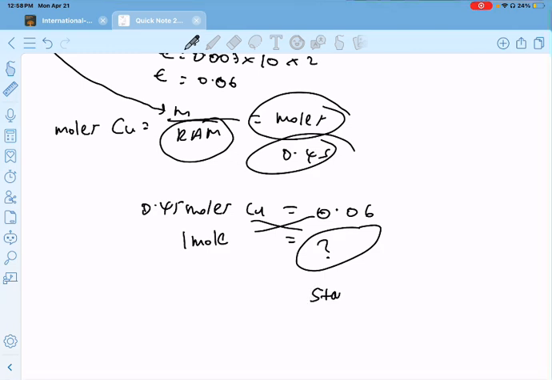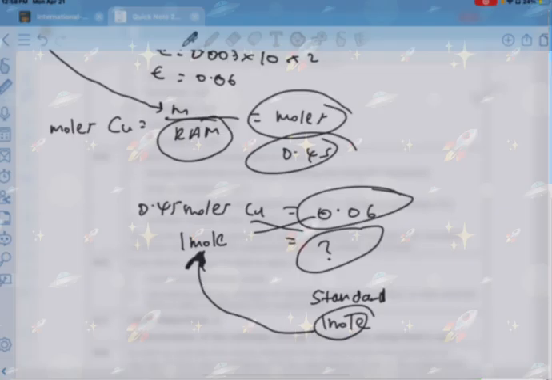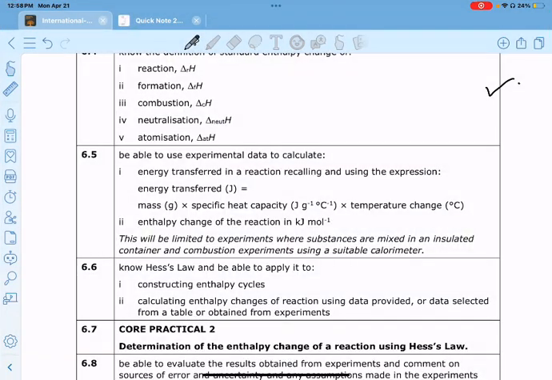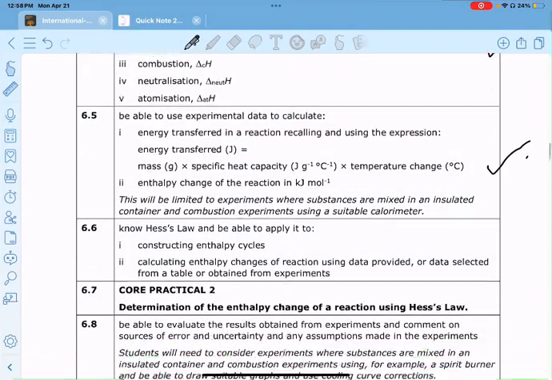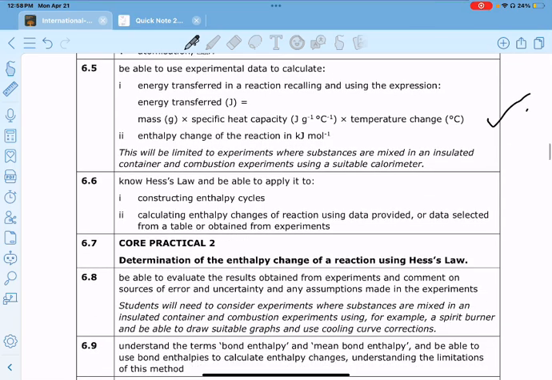Whenever you have standard enthalpy change, note that it's always for 1 mole, so you have to use this method to get that energy value. You cannot use the energy that you get here, because that is incorrect. You lose 2 marks there, okay? So that's how we use this equation in A level, in a different way compared to O levels, okay?